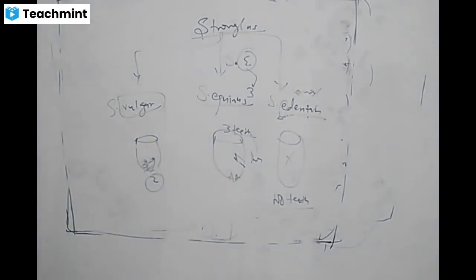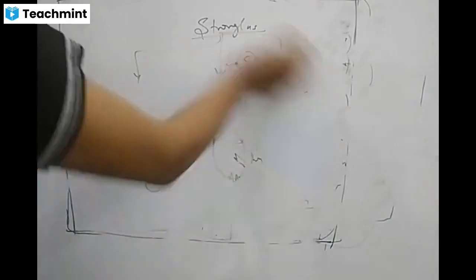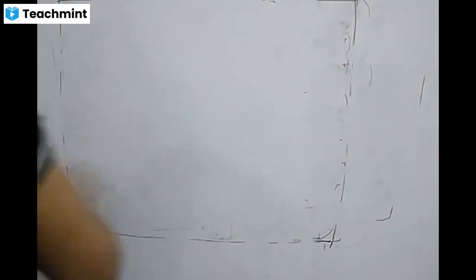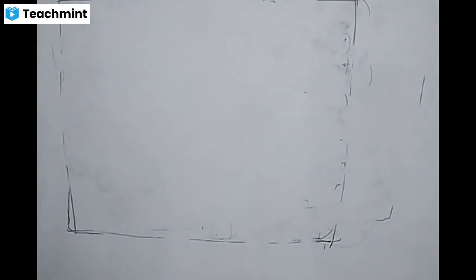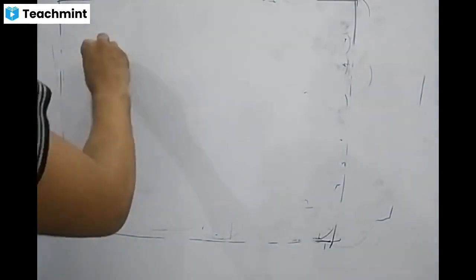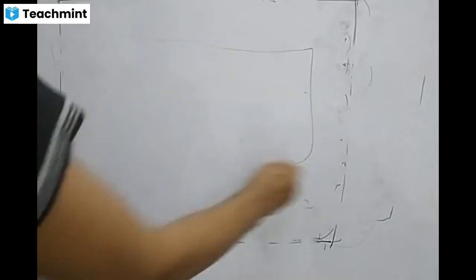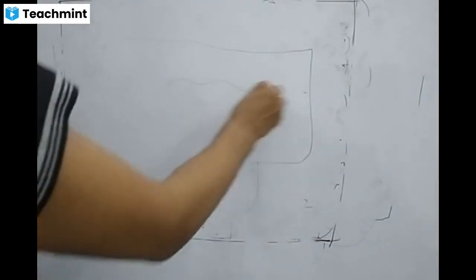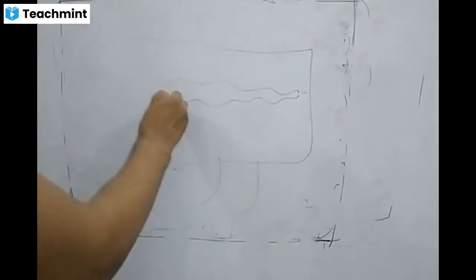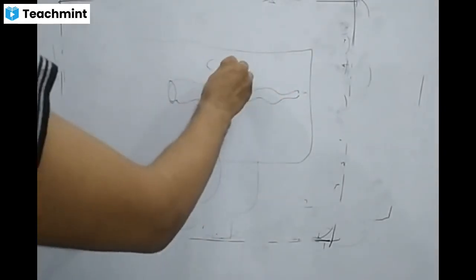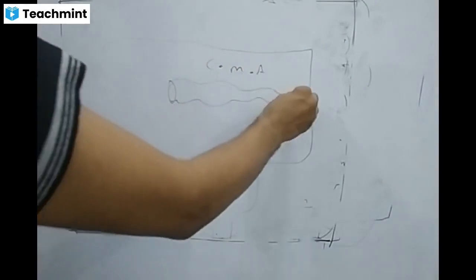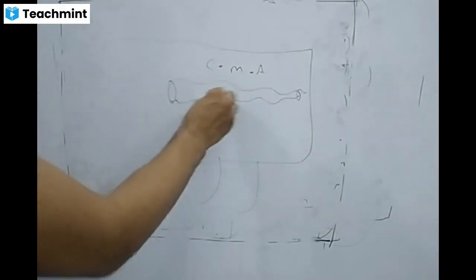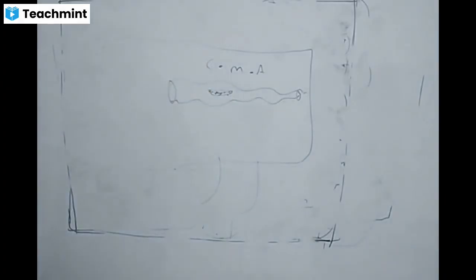Then, with their pathogenesis, out of these three, the most pathogenic is your vulgaris. And this Strongylus vulgaris, if this is the body of the animal, then these are the cranial mesenteric artery. Inside the cranial mesenteric artery, your Strongylus vulgaris is present.